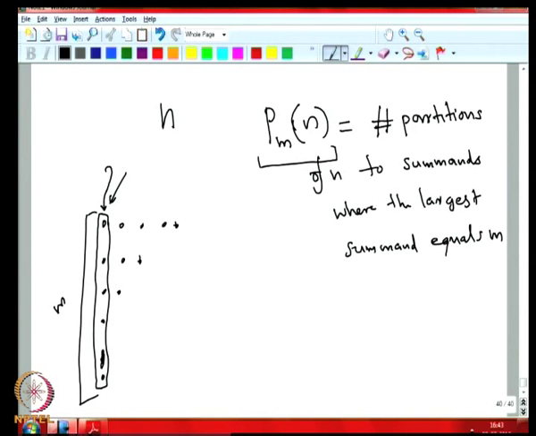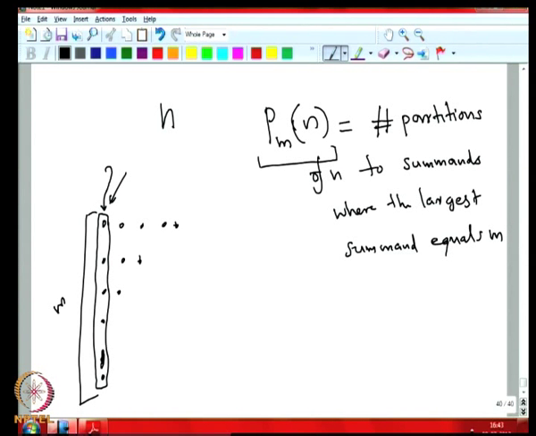There is a one-to-one correspondence between the two: take a partition from the set where the number of parts is equal to m, and then take its conjugate. That will be a partition of n where the biggest part equals m, because the first column will have m things in it. That becomes the first row, which is the biggest part.